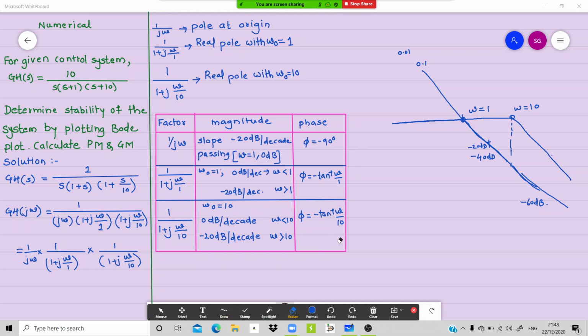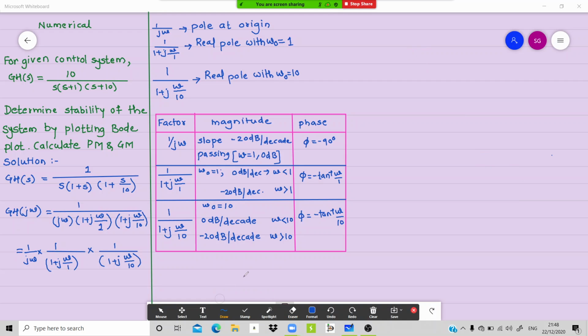I'll add on this side only, instead of writing again separately for all the points. See, for this factor, the slope we have written is minus 20 dB. Let us say, we'll start at 0.01, and this will end at omega equal to 1, correct, 20 dB only I'm saying.